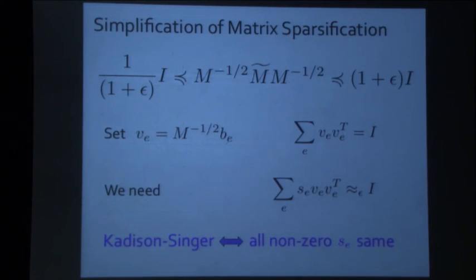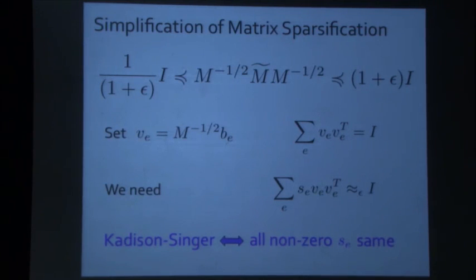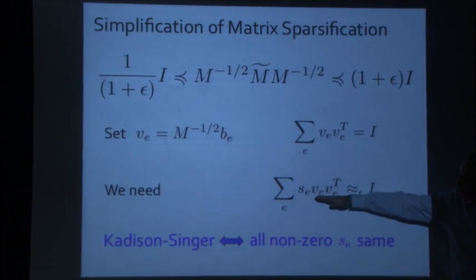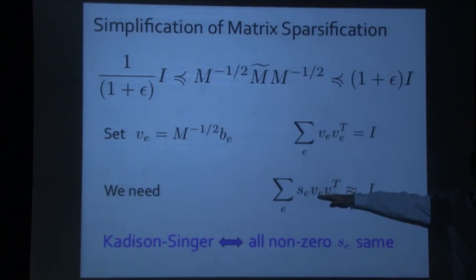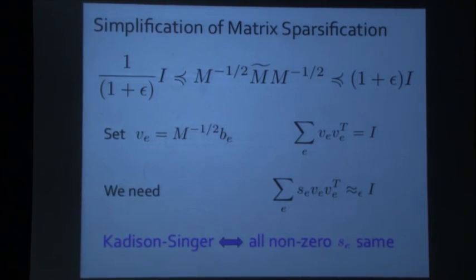But more importantly, there is a natural scaling of these. The scaling that I did changes the norms of the vectors after you've scaled them this way. We now know, by what I'll talk about on Wednesday, that if none of these vectors had large norm, then all of the non-zero scaling terms can be the same.